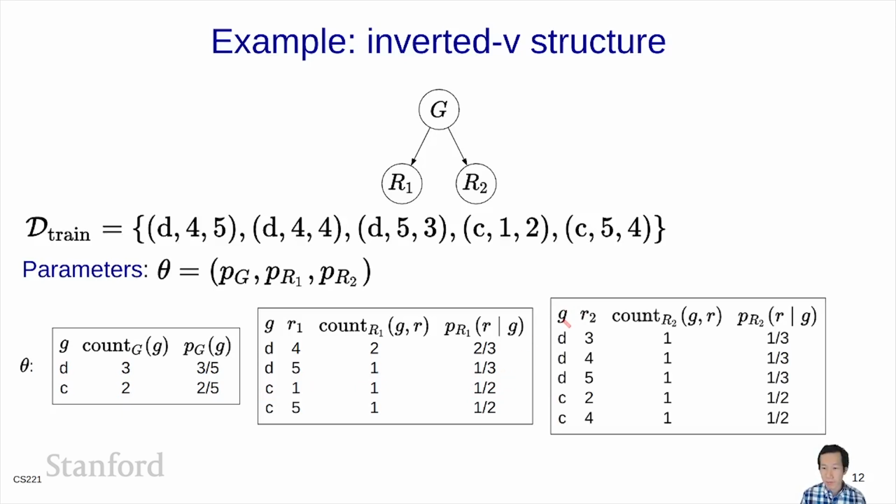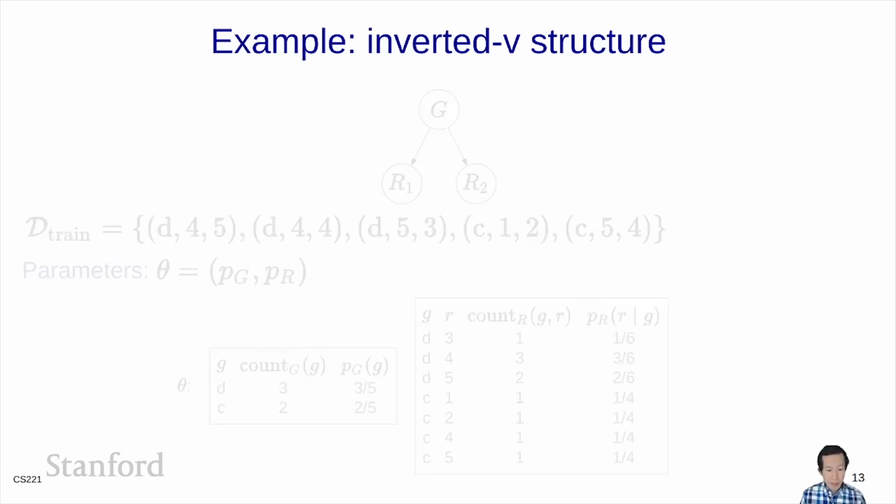And then R2 given G is analogous, so I'm not going to go over this. So this is fine, except for what I'm going to now do is think about the setting where suppose you have not just 2 users, but 1,000 users or 1,000,000 users.